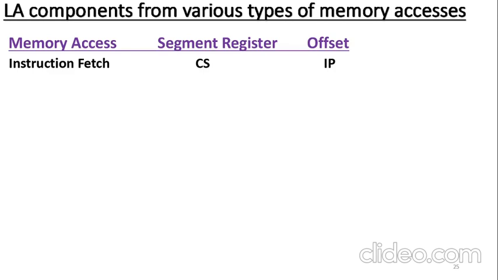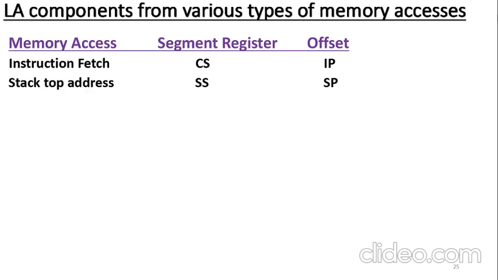So CS is the segment register used for fetching of instructions, and IP will define its corresponding offset. And these two logical address components will be used for calculation of the 20 bits of physical address, and this address will be used for fetching of instructions.